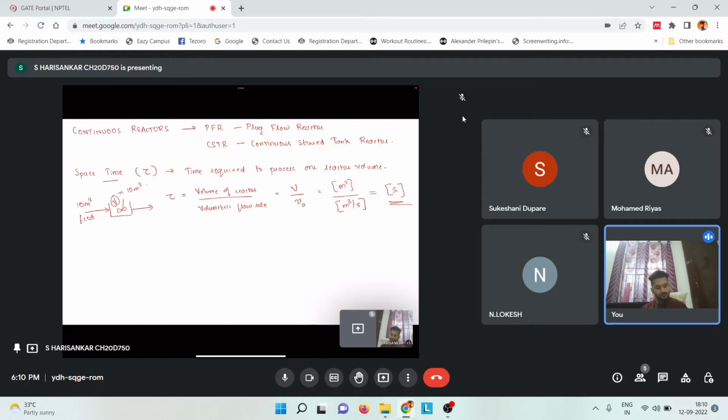And then the next term is space velocity, generally represented as S. The space velocity is basically the number of reactor volumes processed in a unit time.